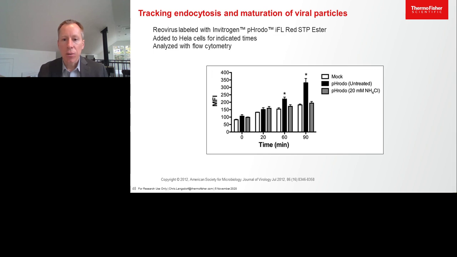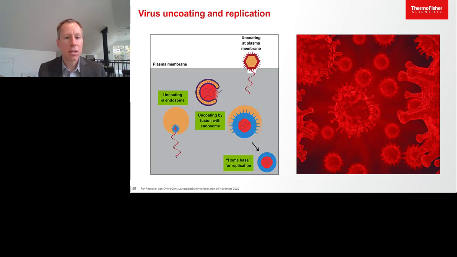And as we see in our pHrodo-labeled and treated channel, our mean fluorescence intensity increases quite substantially, 3 to 4-fold brighter. While if ammonium chloride is used to alkalinize those compartments, our signal remains minimal. And so using this approach, we can effectively track the internalization of viruses into cells.